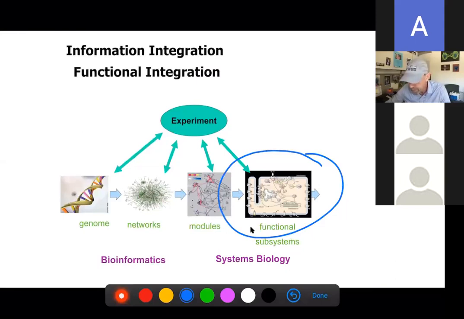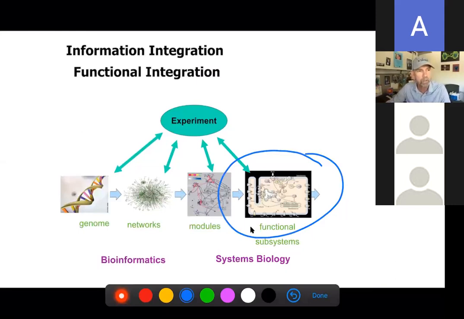So we can use bioinformatic information and experimental information that's well organized, annotated, and interrelated in order to reconstruct modules, networks, and functional subsystems that we can then model. And we can model them using system science by taking the functions of each of the components and building systems models of the entire system or subsystem that then predicts the emergent properties of the system. So this is what I would call functional integration.